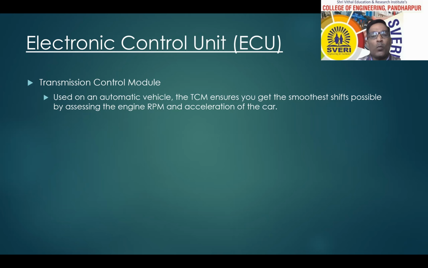What it means is that the speed of components directly related to propelling the vehicle, such as the axle and wheel, is sensed by the sensor. At the same time, it senses the engine speed, that is engine RPM. Accordingly, it modulates the signals via this electronic control unit provided for transmission control. We can have smooth shifting of the gears as per the requirement of the torque.